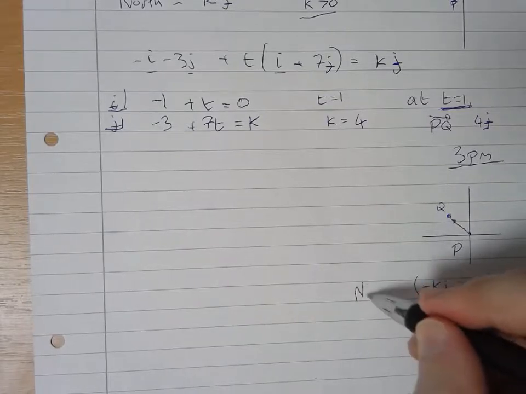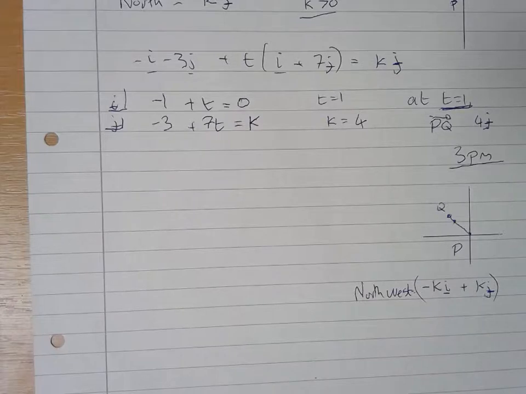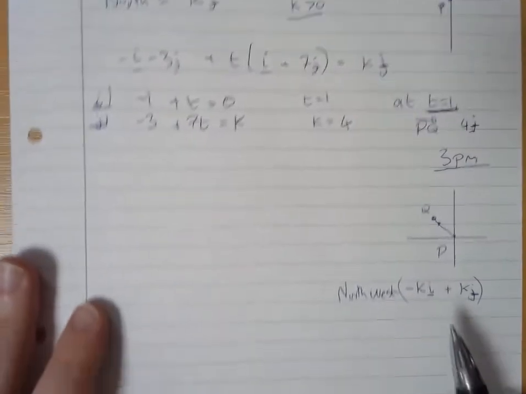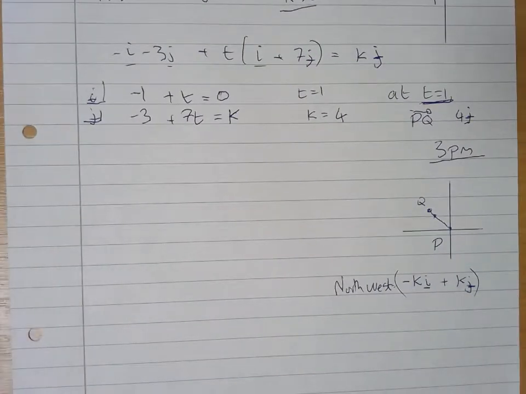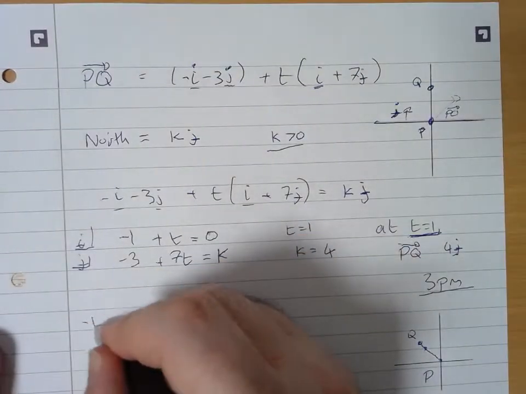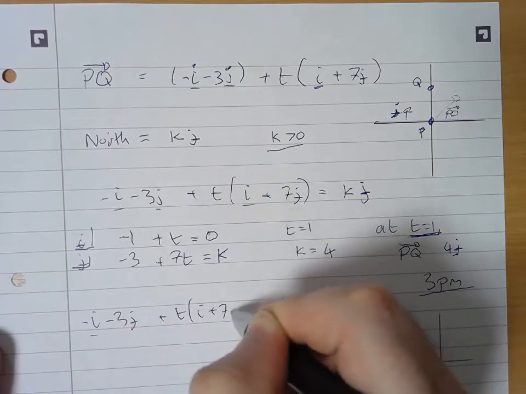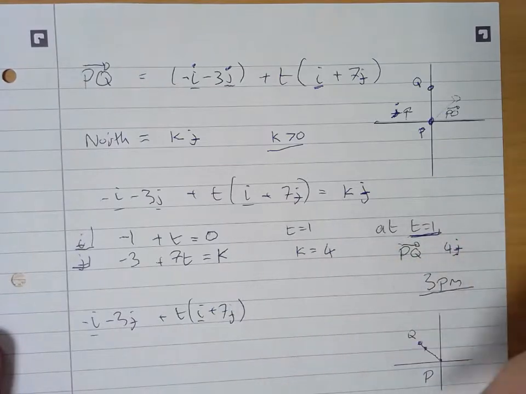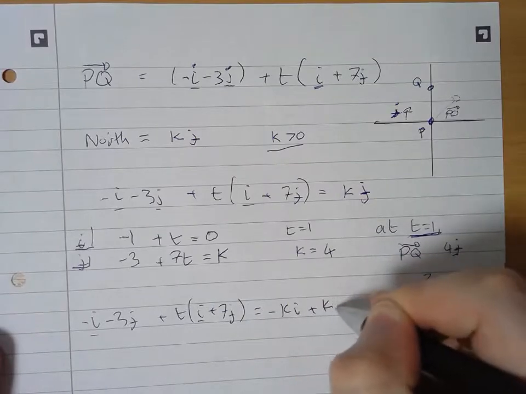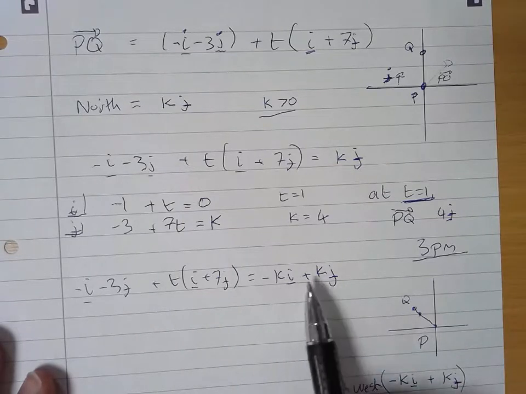We're going to do exactly the same as we did before. We're going to take our PQ that we discovered earlier in the question, and set this equal to our northwest vector, and then find out the value of k. So we get minus i minus 3j plus t i plus 7j, and we're going to set this equal to minus ki plus kj, because this is just a vector in the northwesterly direction.